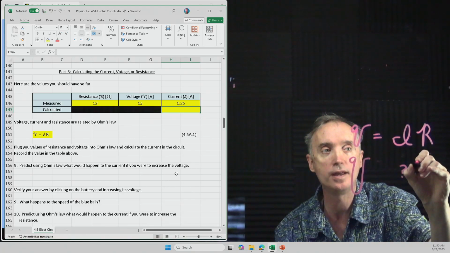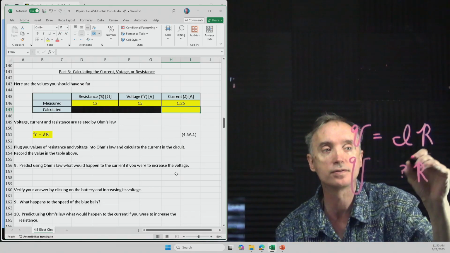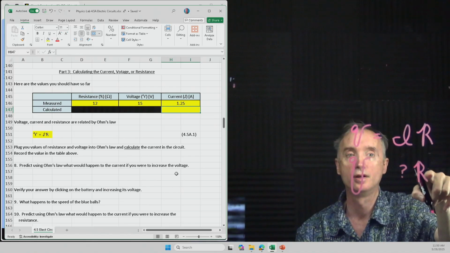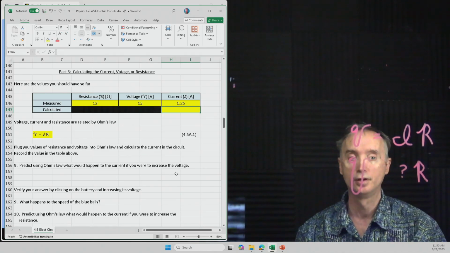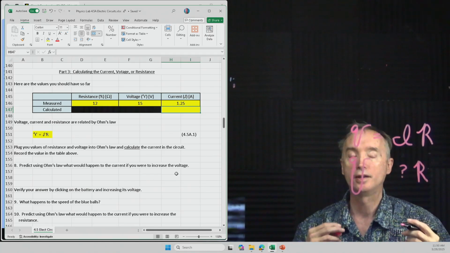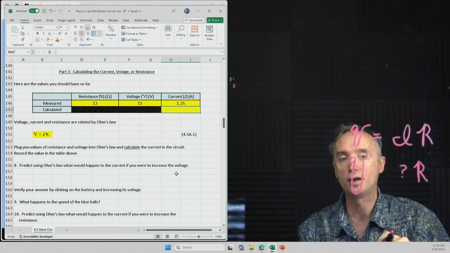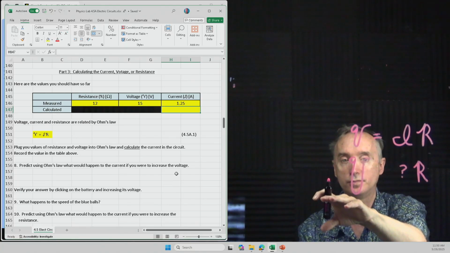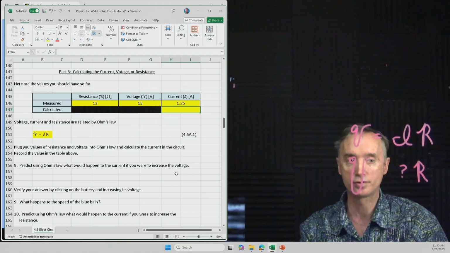Now we're not going to do anything to the resistance. So you see that the resistance is still the same, but we've increased the voltage, and the question is what's going to happen to the current. All right, now in algebra you should know that if you multiply one side of the equation by a certain number, you have to multiply the other side of the equation by the same number. So let's say that I double the voltage.